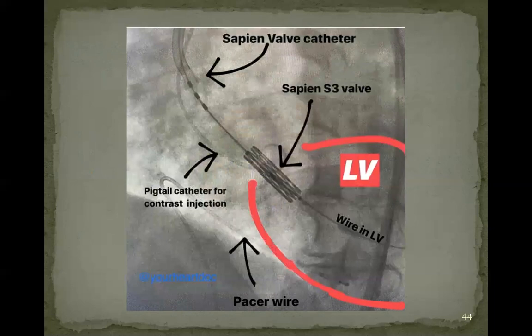You'll see the pigtail catheter for contrast. You'll see the Edwards Sapien valve. You'll see the wire that's in the LV. You'll see the pacer wire you place, as each patient can develop conduction delays.